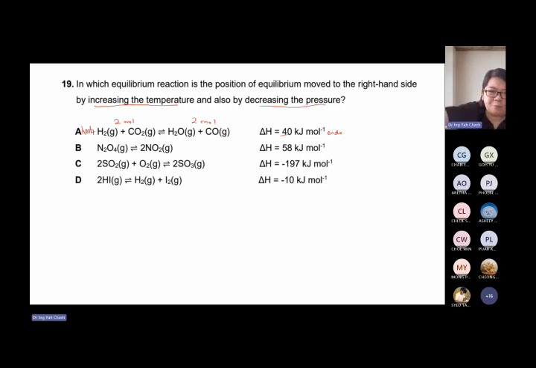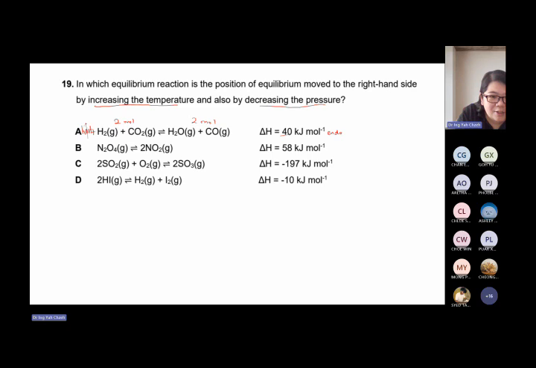Then only can it form product because it will absorb energy. So if I increase the temperature, that means this heat is being increased. The reason why I put heat in the equation is so that you can treat heat as one of the reacting species.